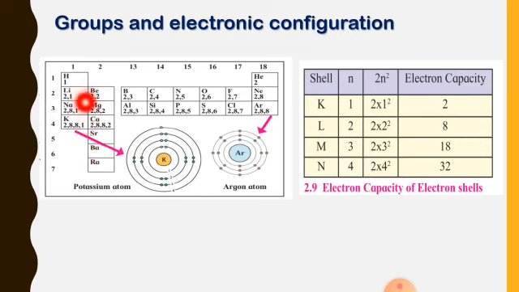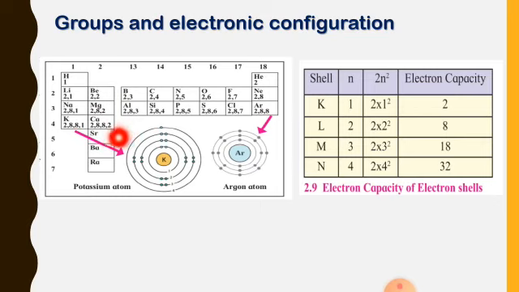Group 1 elements have the same number of valence electrons, and these group 1 elements are called alkali metals. Then elements like beryllium, magnesium, and calcium belong to the group 2 family, the alkaline earth metals. There are 2 electrons in their outermost shell.